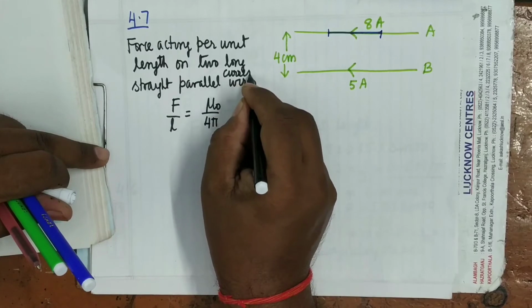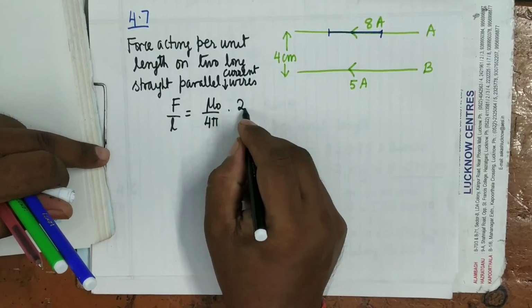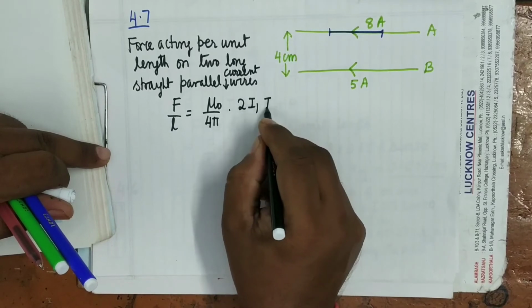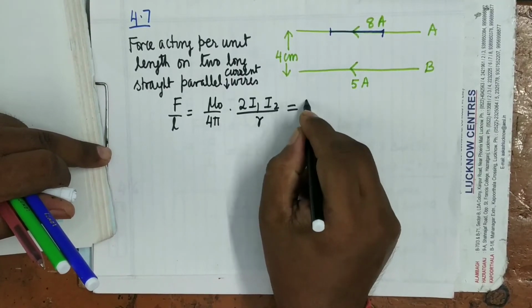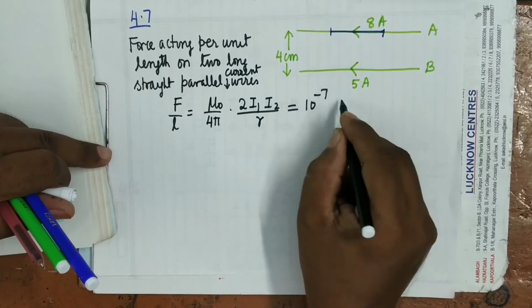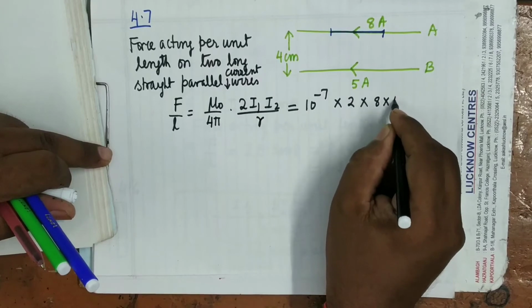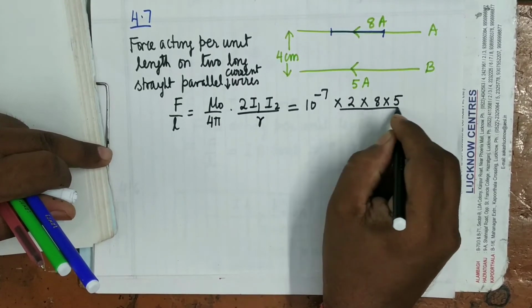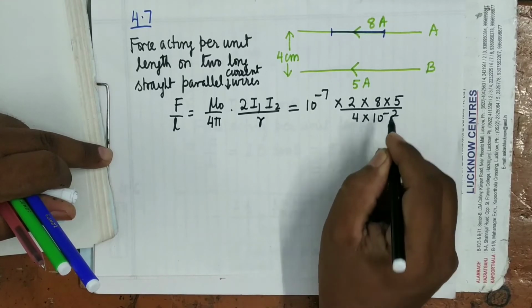These are the current carrying wires. Mu naught upon 4 pi, 2 I1 I2 upon r. So substitute the values: 10 to the power minus 7, 2 into 8 into 5 divided by 4 into 10 to the power minus 2.